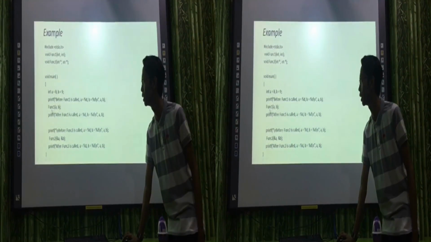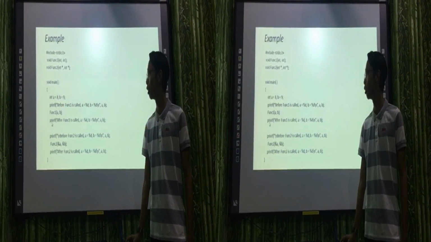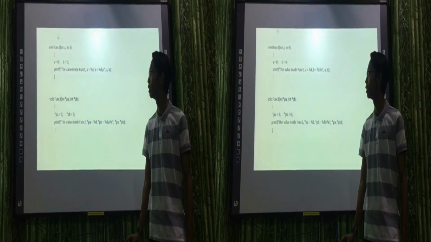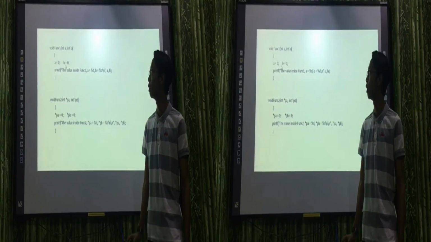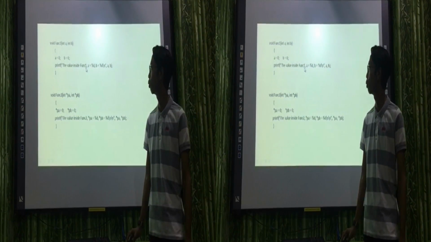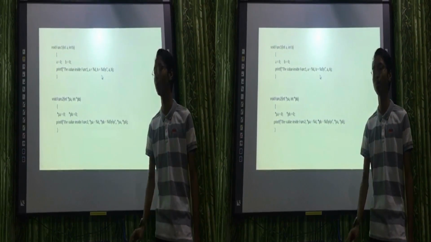For the second one, you can see it calls function 1 with A and B. Let's have a look first at function 1, which is here. Function 1 takes int A and int B. So A we declare as 0 and B as 0. So printf, the value inside function 1, A is %d, this will become 0 and 0.